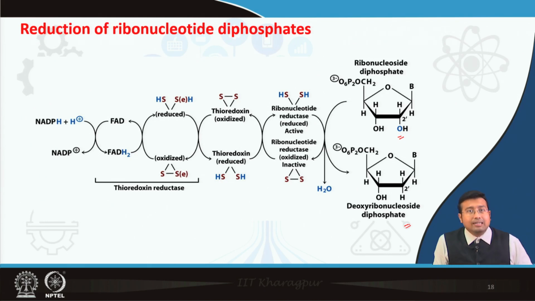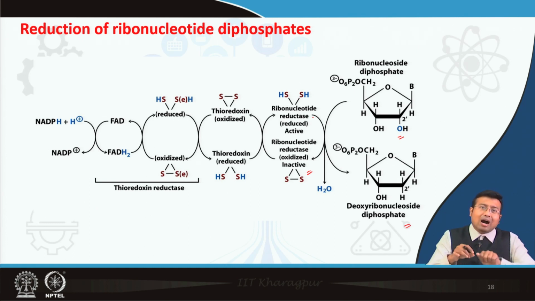Ribonucleotide reductase has been studied to be active in reduced form. I mean, there are disulfhydryl groups in the enzyme that catalyzes the reaction, which are active when they are in reduced form. During the ribonucleotide reductase reaction, they are converted to their oxidized form. You can visualize this analogy with glutathione, right? There was also a 2 SH bond, which we reduce by glutathione reductase. Much like that, ribonucleotide reductase is now inactive, in oxidized form.